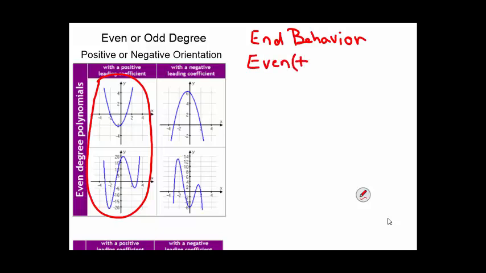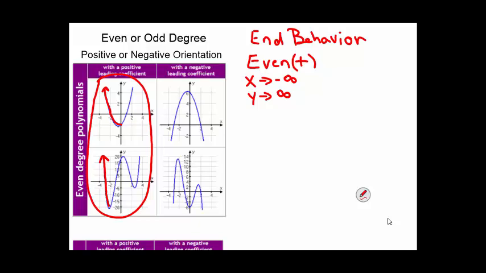and positively oriented. So if we look back here, as this guy goes to negative infinity in our domain, y is going up forever. So that means y is going to positive infinity. Same thing here. As x gets more negative, y gets more positive. So we would describe that end behavior as x goes to negative infinity, y goes to positive infinity.